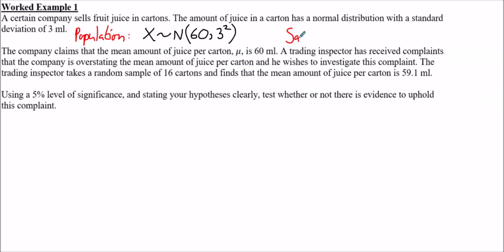So for the sample of 16, this is going to be a different distribution. It's going to be the distribution of the sample mean, which again will be normally distributed with a mean again of 60, but now we divide this variance by the sample size. The sample size, as it says, is 16, so we're going to divide the variance by 16.